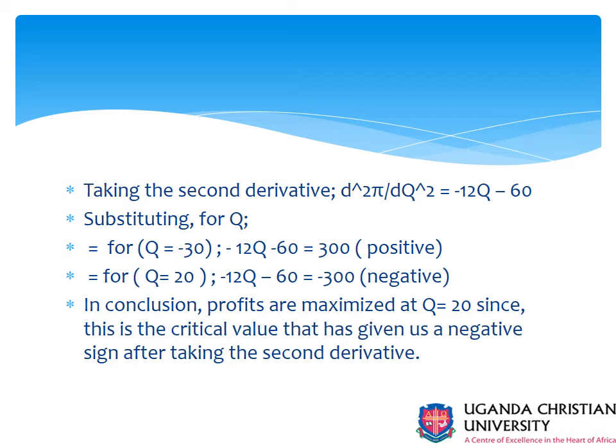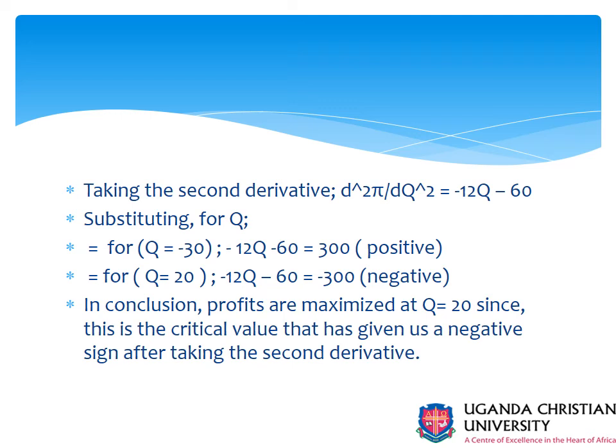And then the second derivative is this one, that we are going to differentiate our first derivative. Or you can say that we differentiate the answer we got on our first derivative, and that gives us our second derivative. So in this case we have d squared π divided by dQ squared.